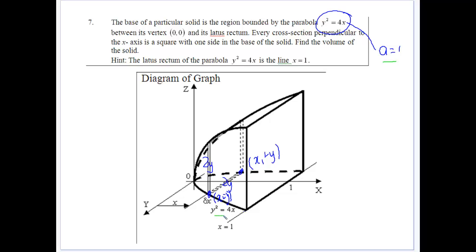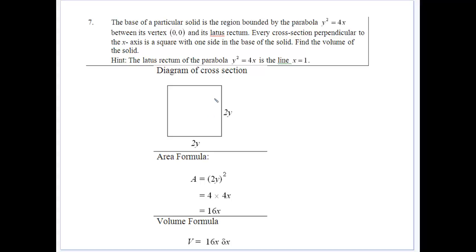We've got our function and relationship between x and y: y squared equals 4x. So we've got that situation. We've got our cross-sectional area 2y times 2y, which gives us 4 lots of 4x, which gives us 16x.